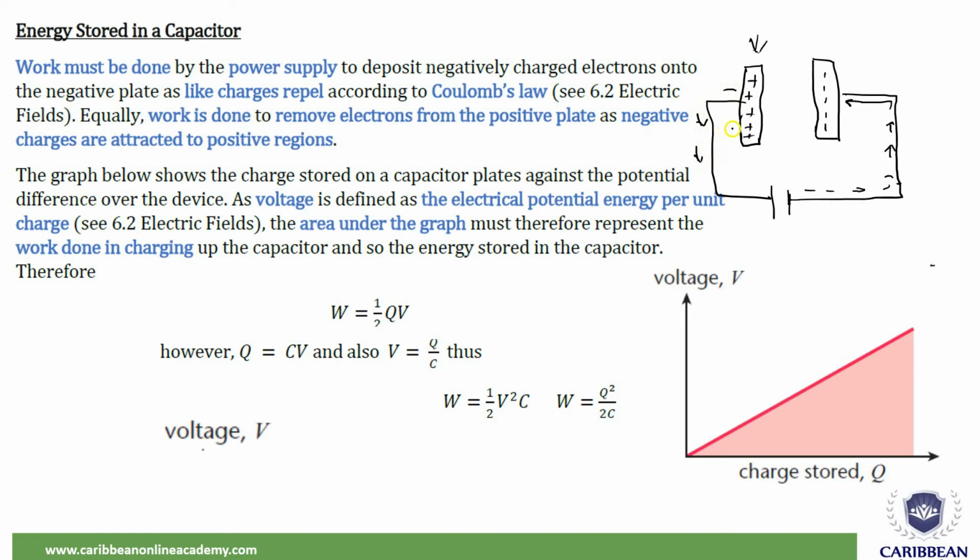In the entire process, work is being done to add the electrons to one plate and to remove the electrons from the other plate. If you look right here, it says that equally work is done to remove electrons from the positive plate as negative charge is attracted to the positive region. So this is the positive region of the battery, and this is the negative region of the battery.